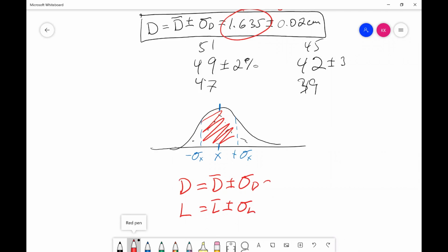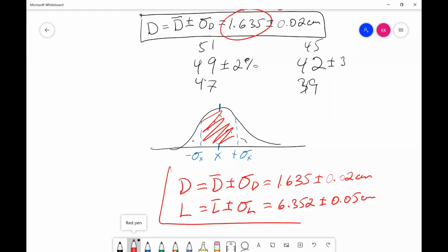So maybe, for example, this will be 1.635 plus minus 0.02 centimeters that I had, and this is maybe 6.352 plus minus 0.05 centimeters. There you go. That means this is how I expect to get the result for those measurements. Because you have to give me your best possible value, but you also have to show me that there are errors involved in your measurements, so you take those into account as well.